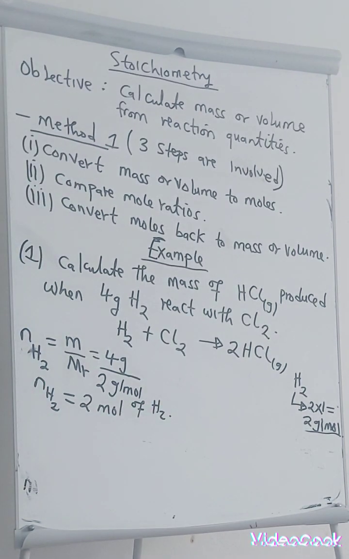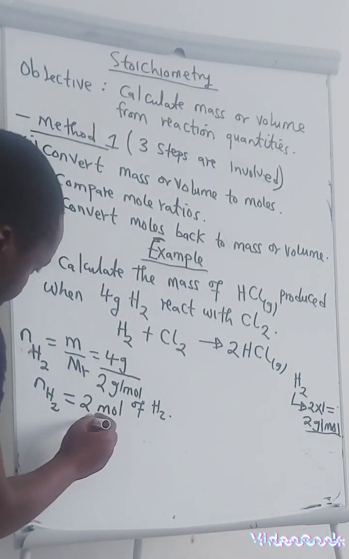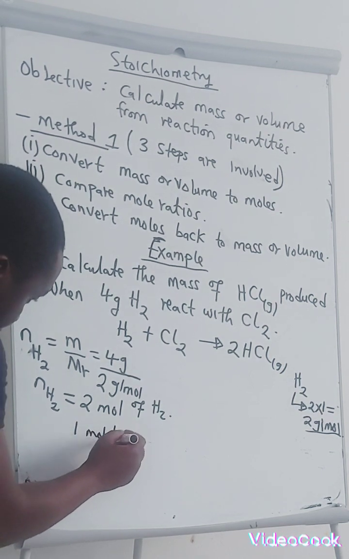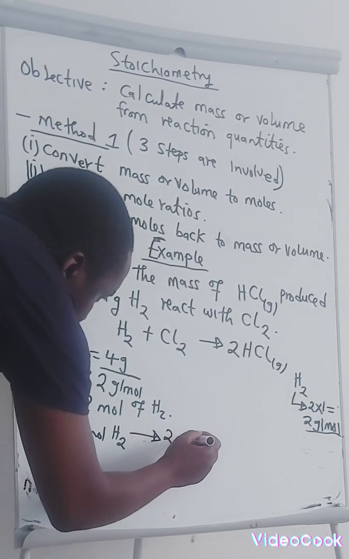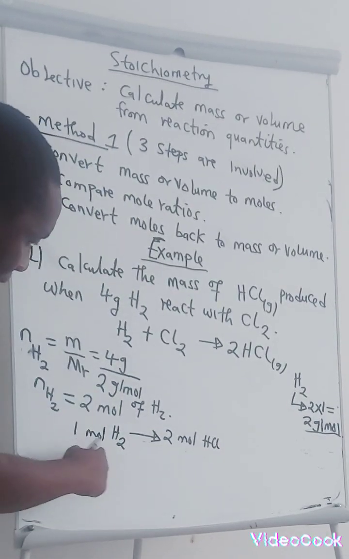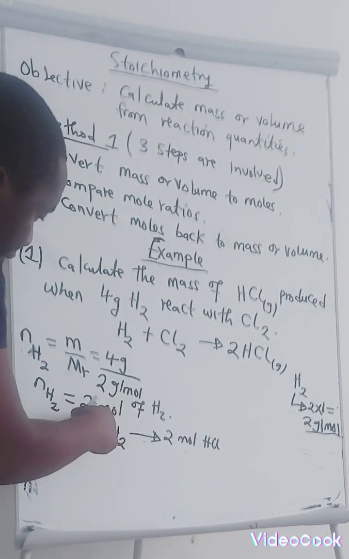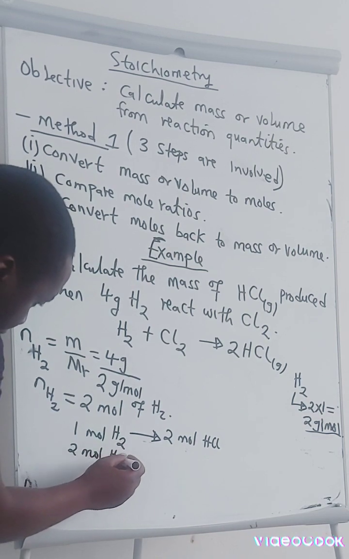Then we get the mole ratios. The mole ratios are hydrogen to hydrogen chloride. 1 mole of hydrogen will require 2 moles of hydrogen chloride. What of the moles of hydrogen given, calculated here, 2 moles of hydrogen?